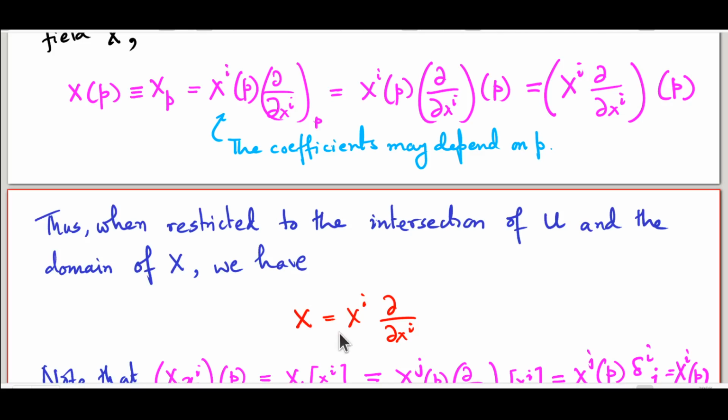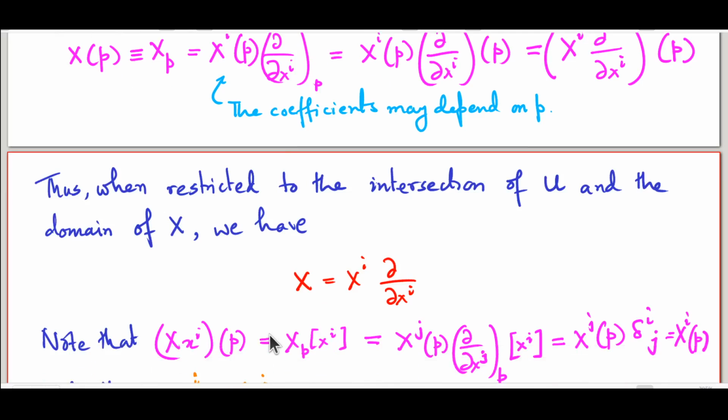Now there's a quick and easy way to determine this function. If you just look at the vector field X acting on the ith coordinate function, capital X xi, that should give you a new function. Its value at the point P is nothing but capital XP acting on xi.